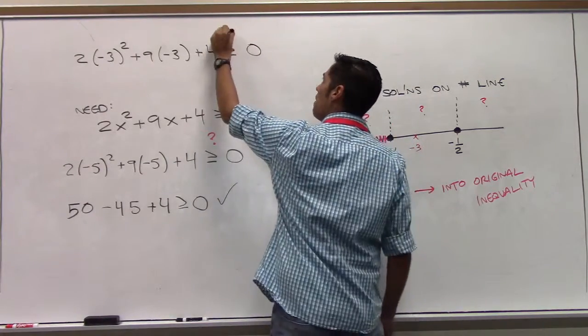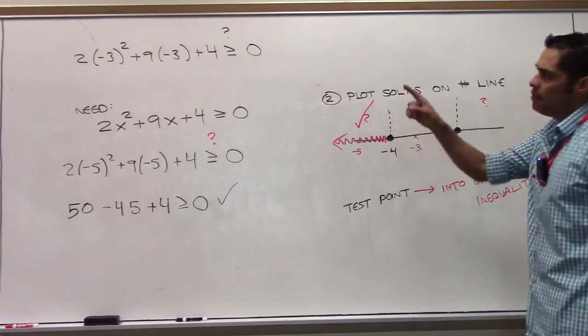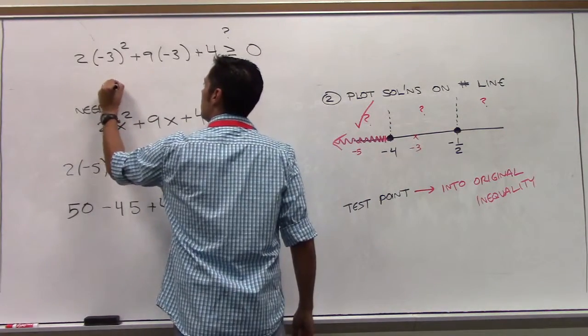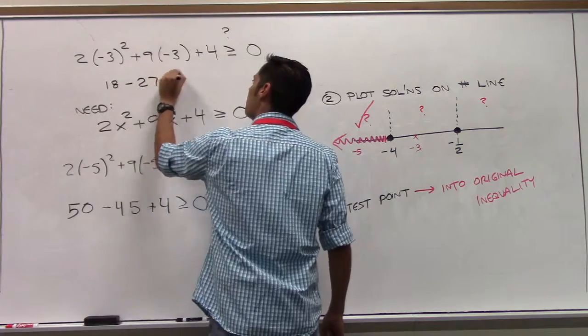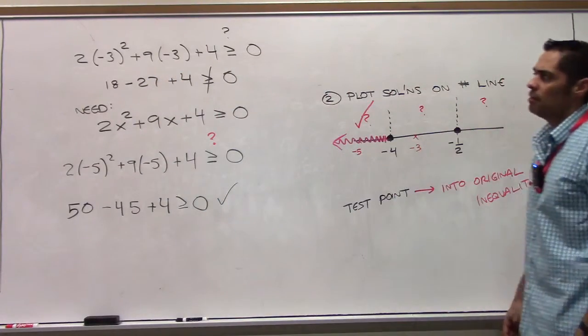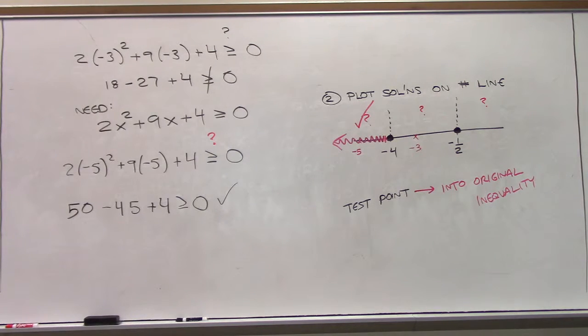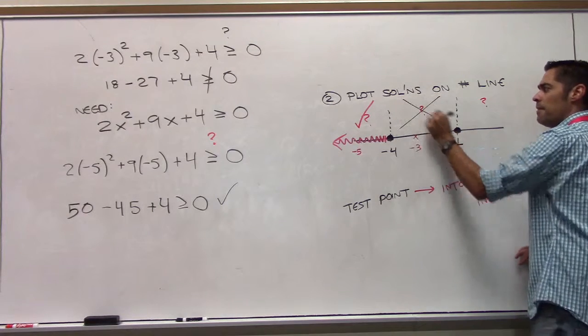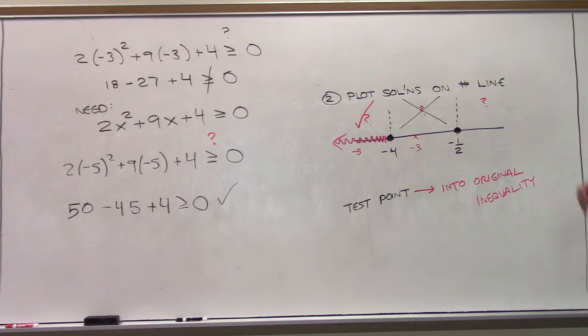Yes or no? No. Because we get what? 18, take away 27, add 4. That is not greater than or equal to 0. Which means that everything in here does not work. So this section fails. And then we would check another point.